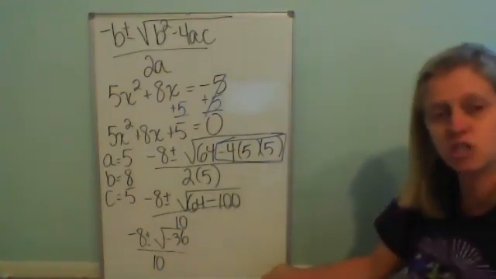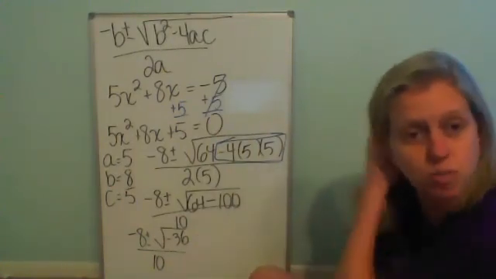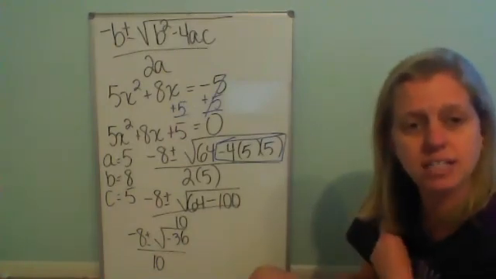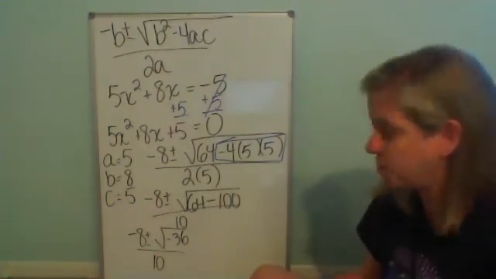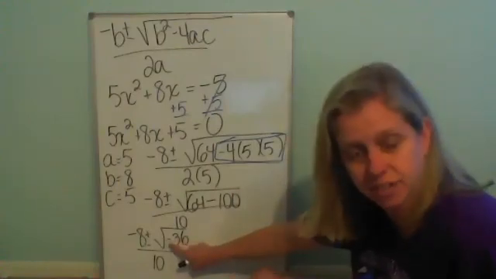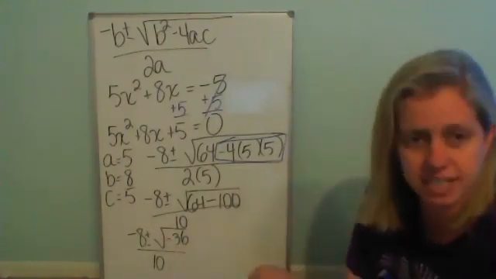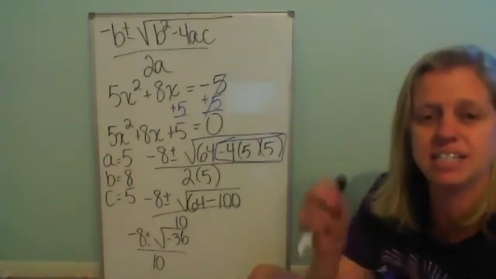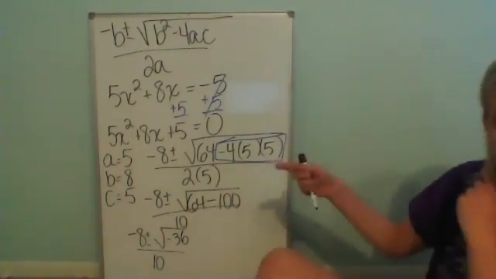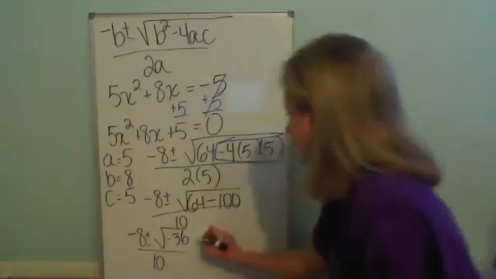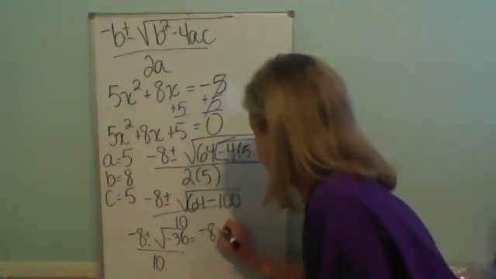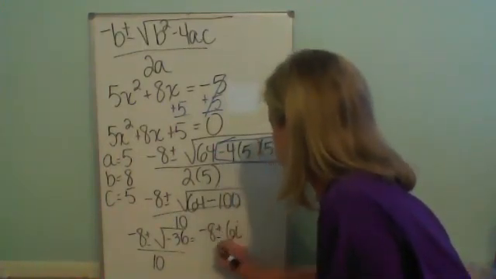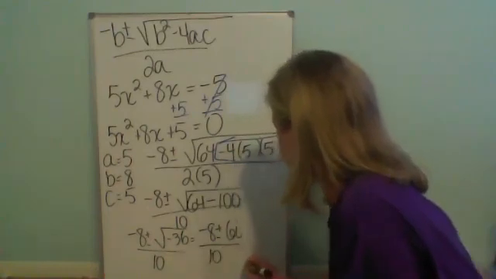It is a perfect square, isn't it? The square root of 36 is plain old 6, because 36 is a perfect square, but it is negative. So it's not just going to be plain 6. What's it going to be? It's going to be 6i, right? Since the radical is negative, it'll be I. So -8 plus minus 6i over 10.